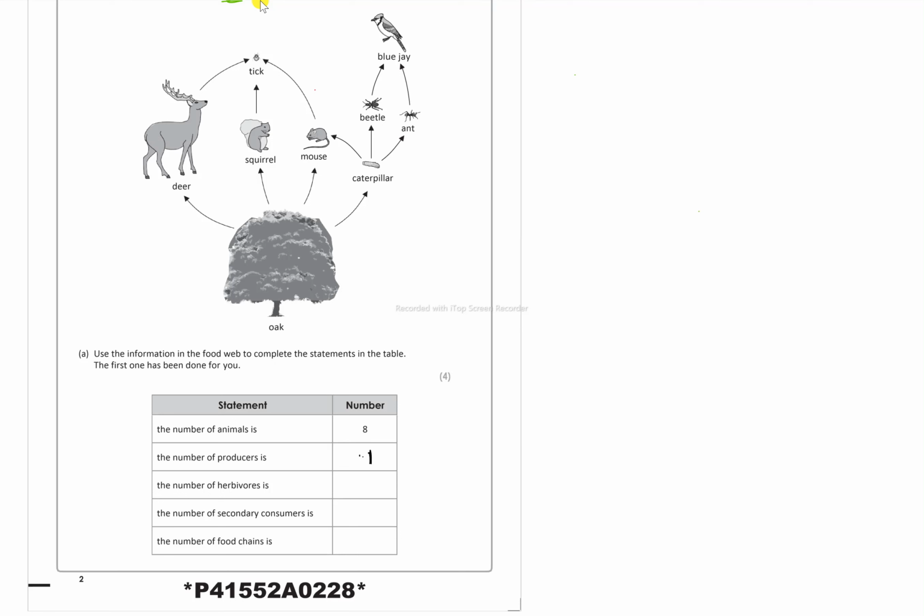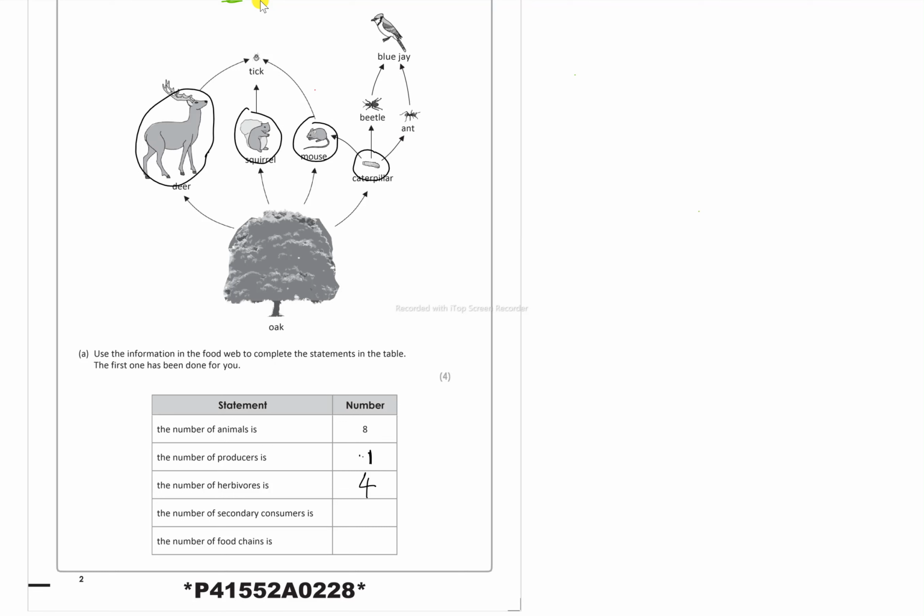Number of herbivores is 4. Right, herbivore. 1, 2, 3. Well, I think they've called this a herbivore. Sorry, a mouse a herbivore because it's eating that, but I would class it as an omnivore because it's eating that. I don't know.